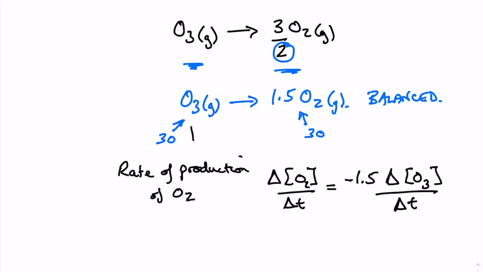So the rate at which that is being produced is going to be 1.5 times greater.